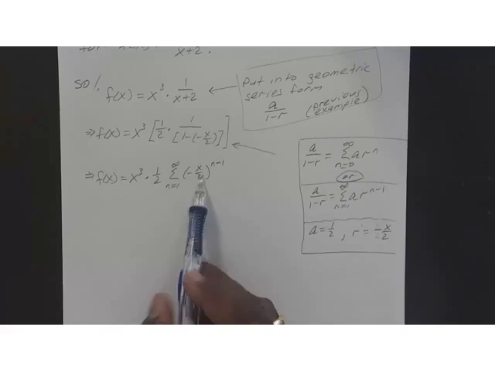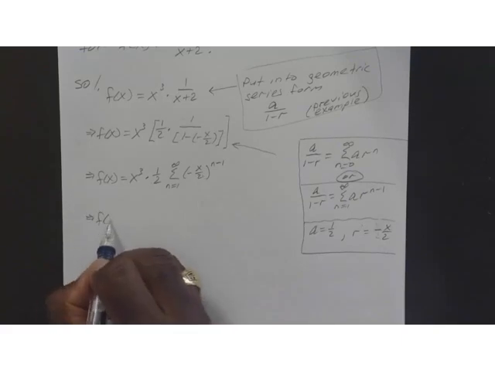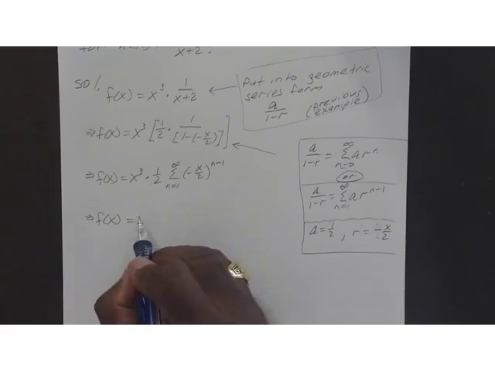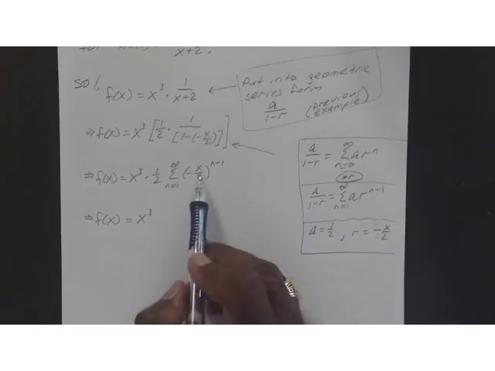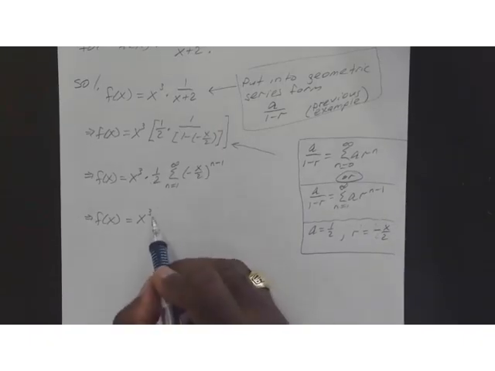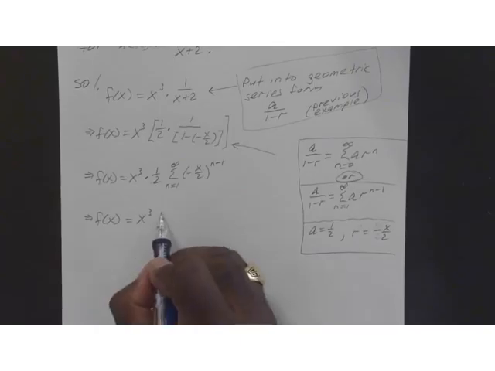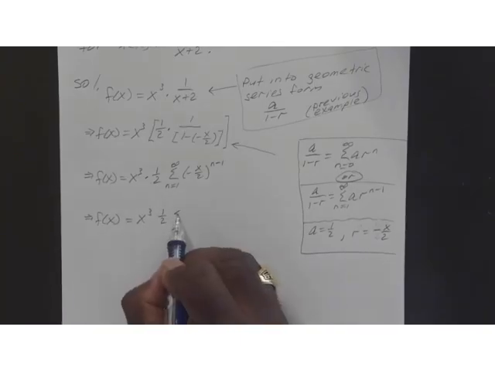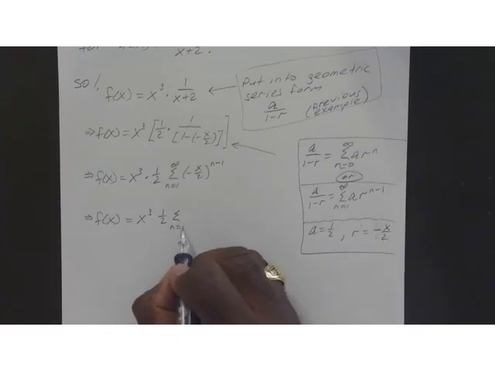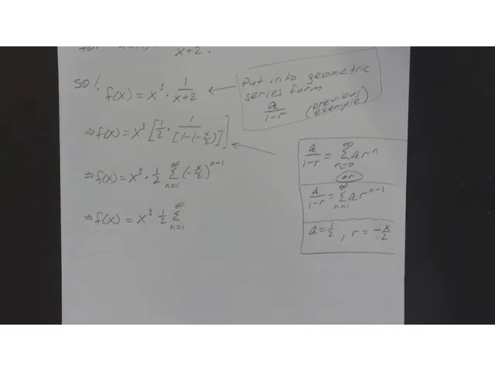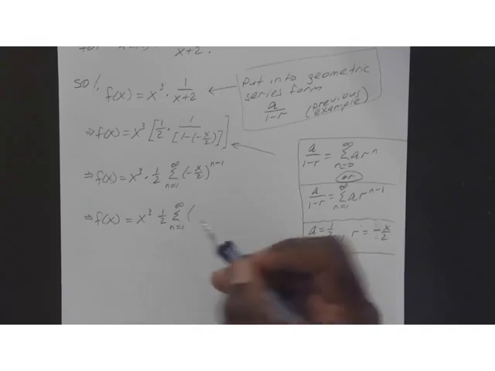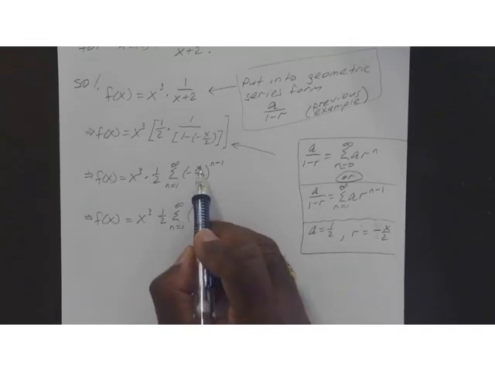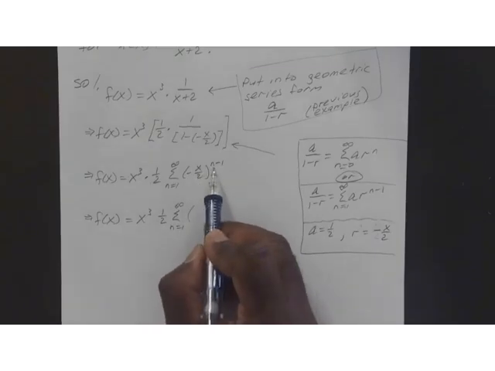Okay. So now we get our function f of x is equal to x to the third power. And really, if you look at it, again, that 1/2, we can get that 1/2 and leave it factored out for now. The sum from n equals 1 to infinity. We could rewrite this as negative 1 times x divided by 2 to the power of n minus 1.